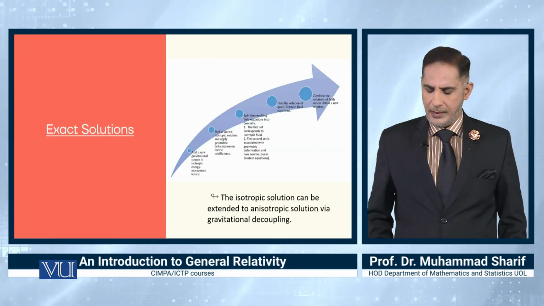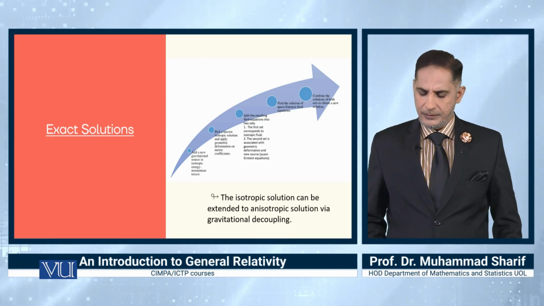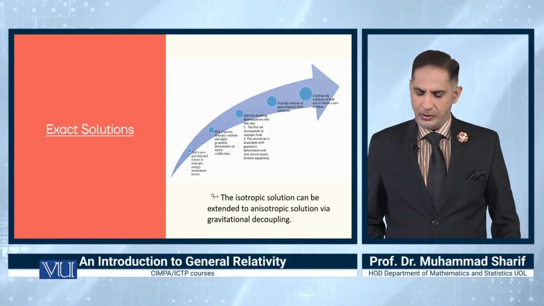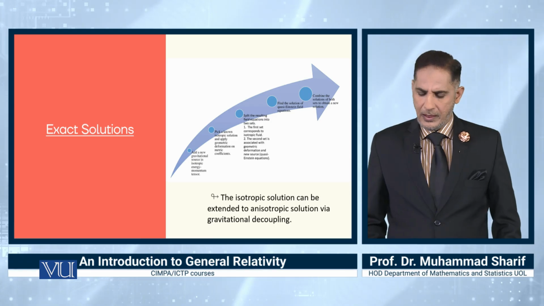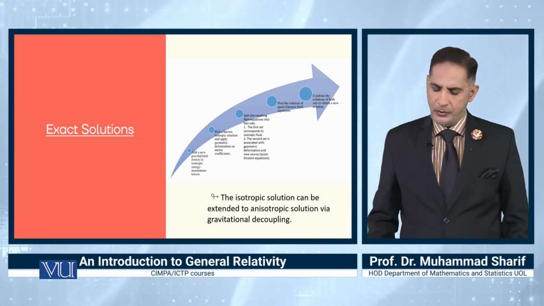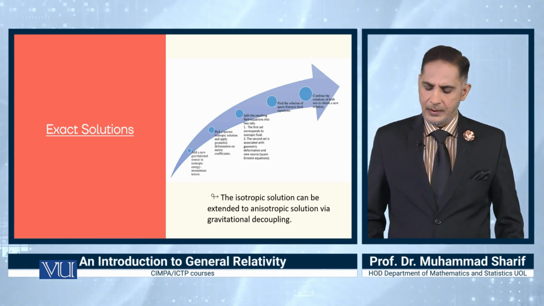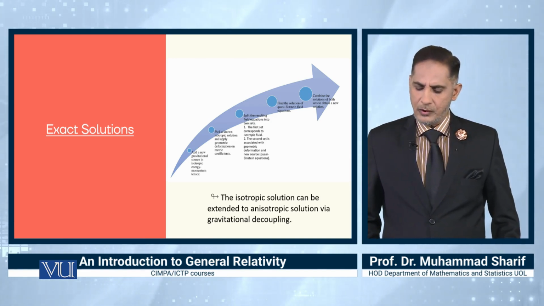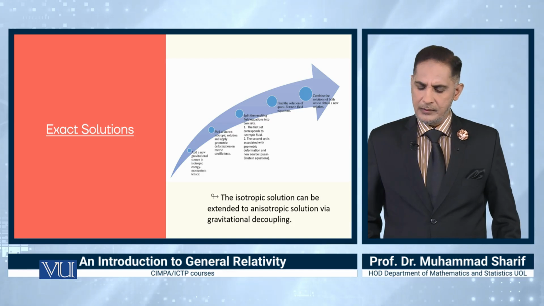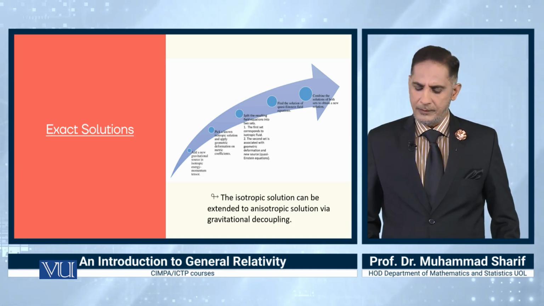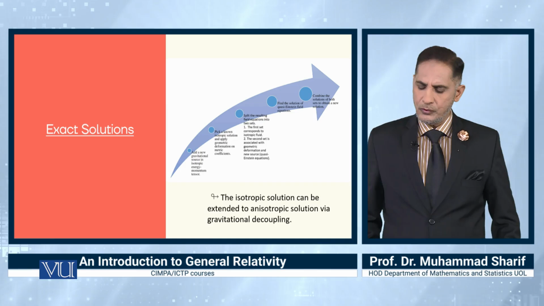This is the diagrammatic picture of the procedure. Initially, we add a new gravitational source in the isotropic energy momentum tensor. Then we pick a known isotropic solution and apply geometric deformation on the metric coefficients. We split the resulting field equations into two sets.